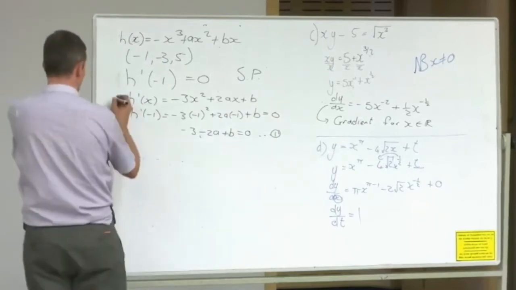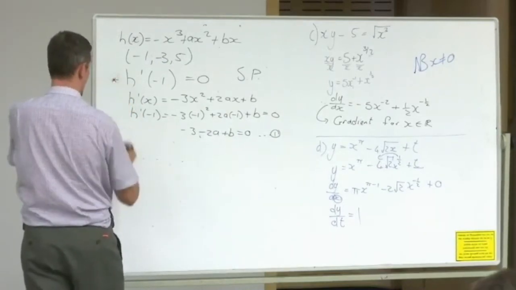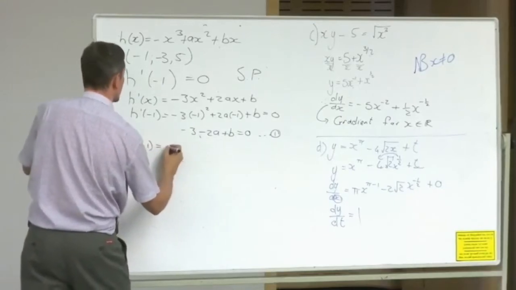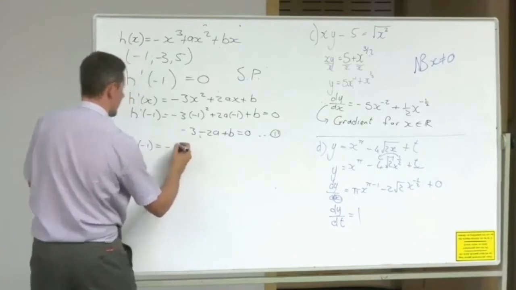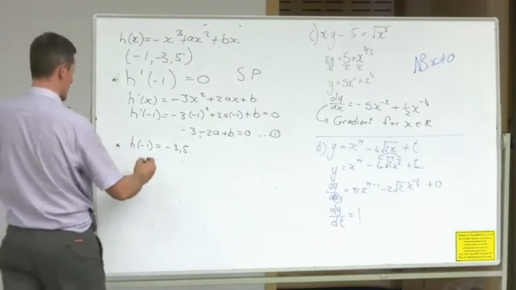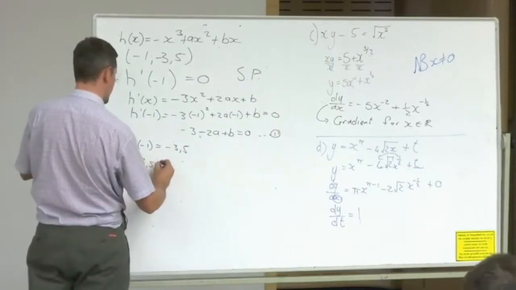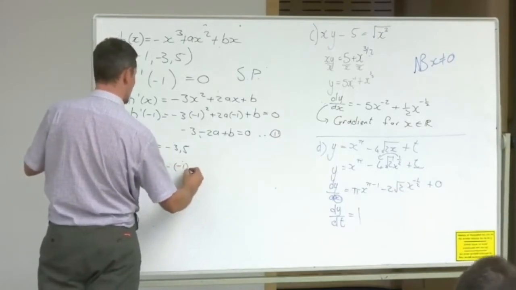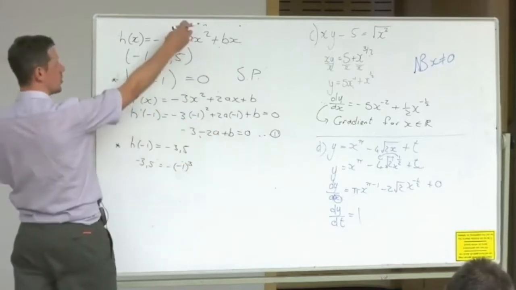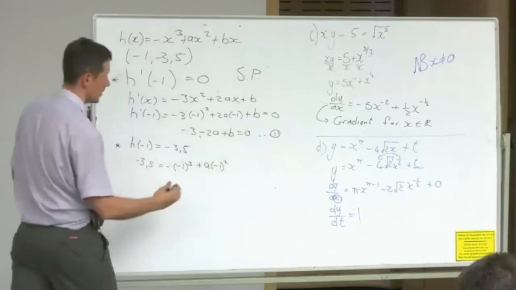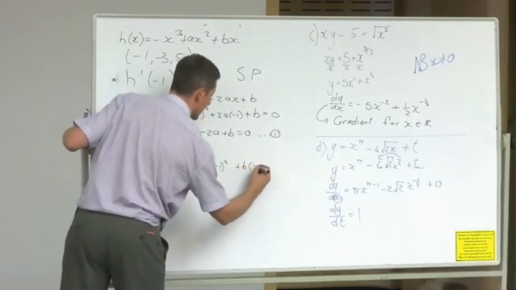But also, secondly, I know that h of negative 1 is negative 3.5 because it does actually lie on the graph. So in other words, I'm going to have negative 3.5 is equal to negative 1 cubed, so I'm subbing it into the original, plus a times negative 1 squared plus b times negative 1.